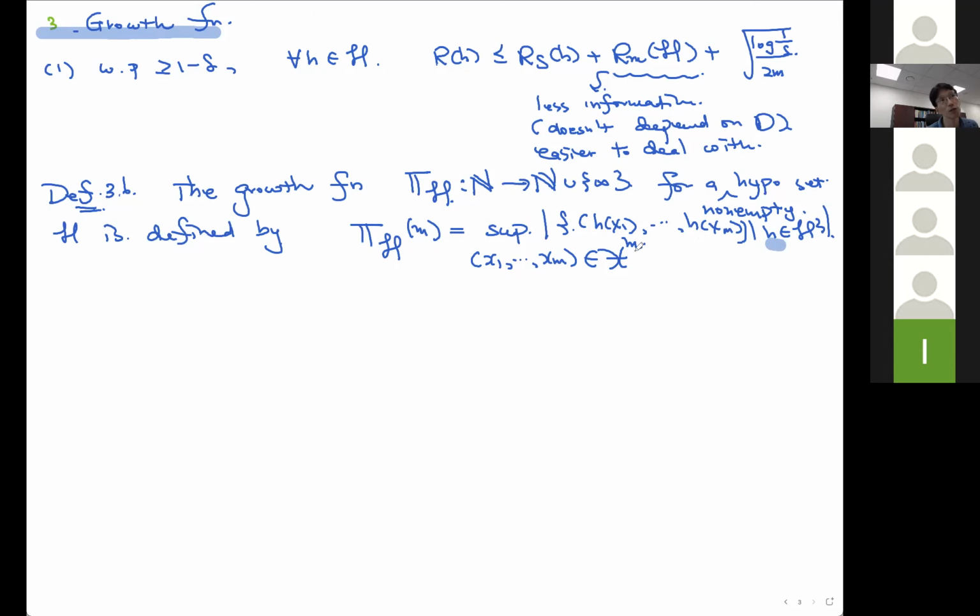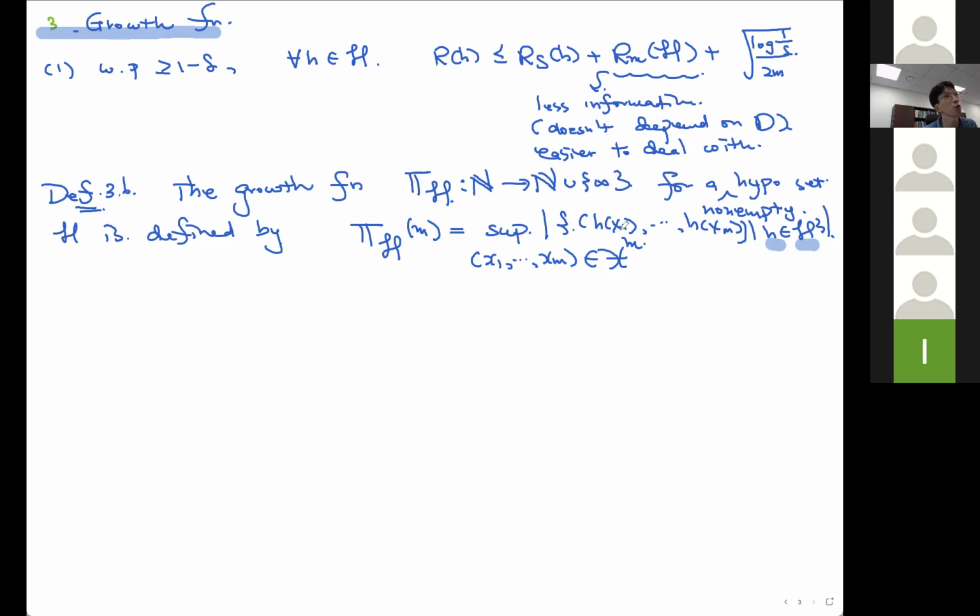Now consider the extreme scenario where our hypothesis set H has only one function. Whichever input we give, that one function is a constant function. It always returns 1. So this m-dimensional vector is going to consist of only ones.